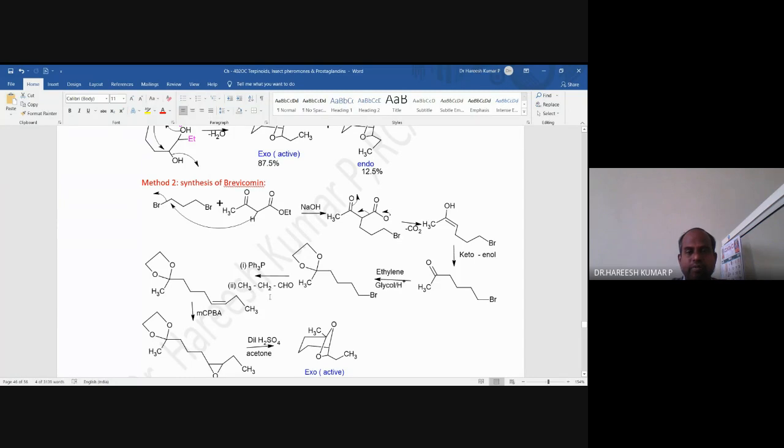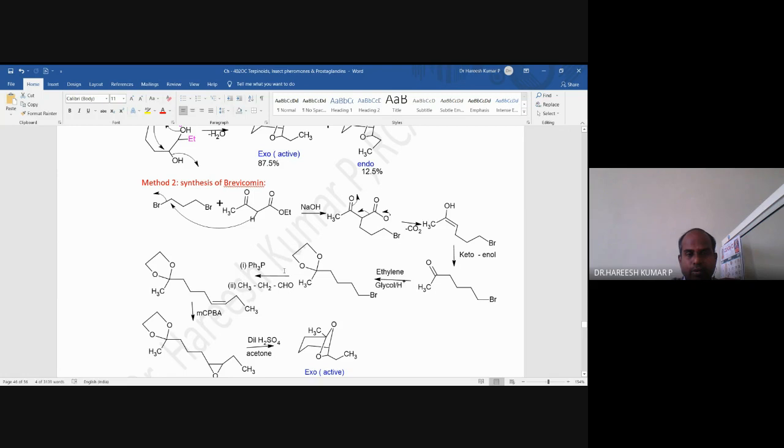So what it means, a halide replaces this oxygen forming a compound like this. So you can observe that this aldehyde CH2 is this, and this CH is this. Okay, so that is nothing but a Wittig reaction.